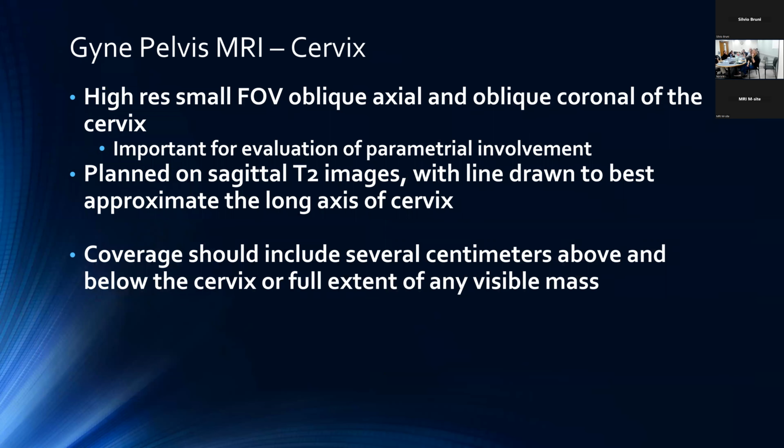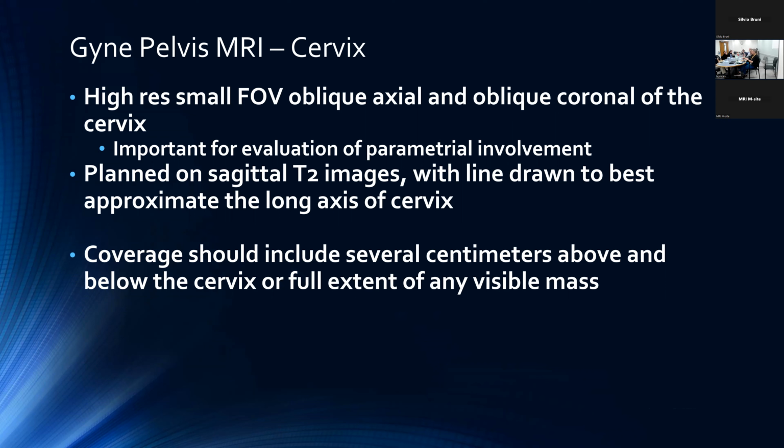So with that said, let's move on to planning for cervical cases. For planning of high-res small field of view images of the cervix, as with the uterus, these are planned on the SAG T2 sequence with the line drawn along the endocervical canal to best approximate the long axis of the cervix.